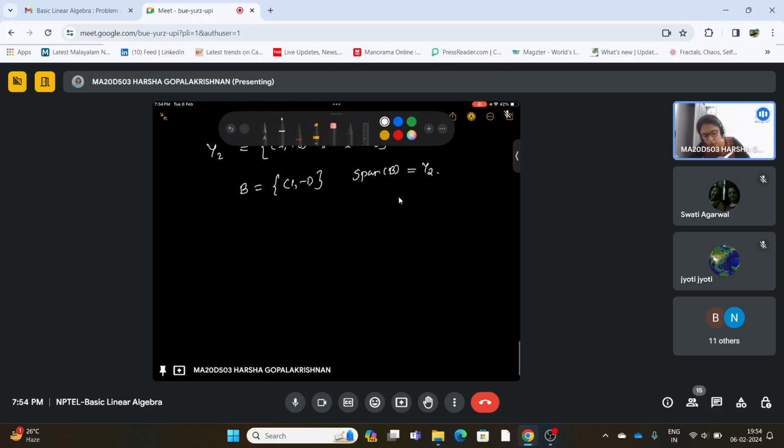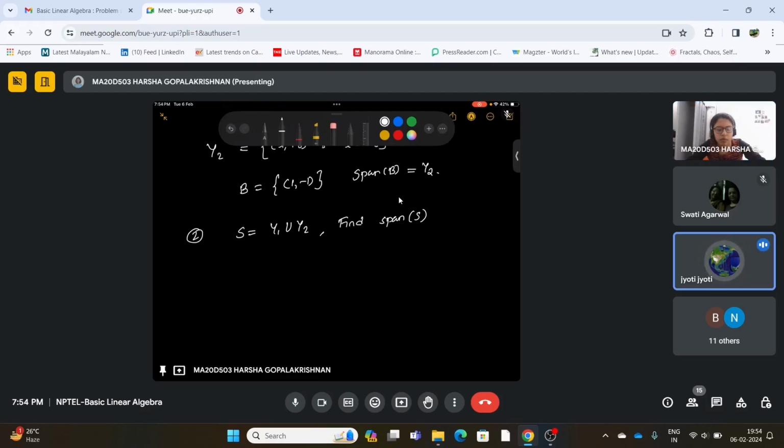Now the next question was: if S equals y1 union y2, find the span of S. Can anyone say about this? What is the span of S? Span of S is basically the linear combination of y1 and y2 elements.